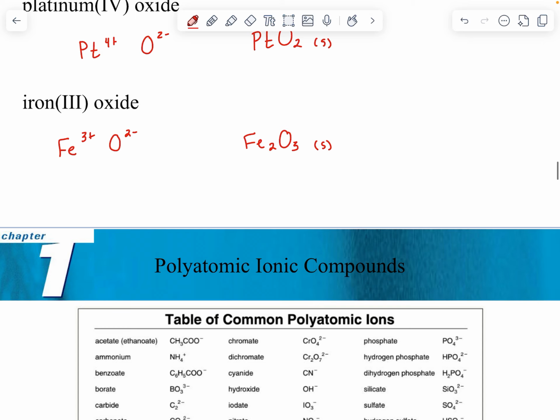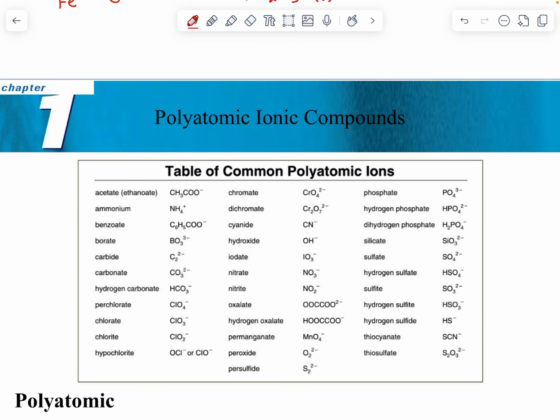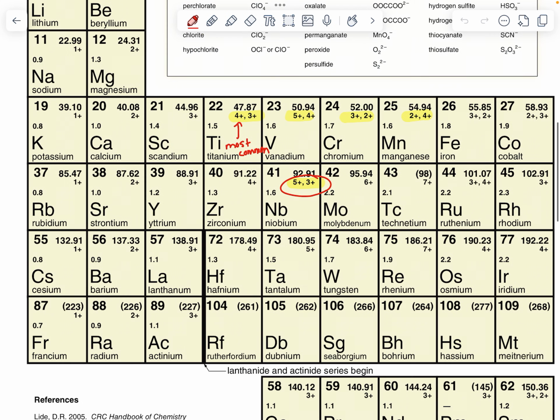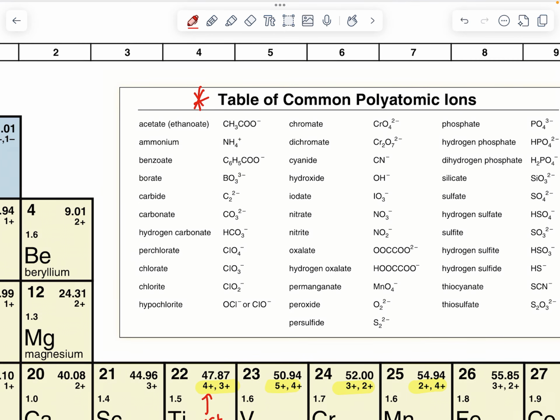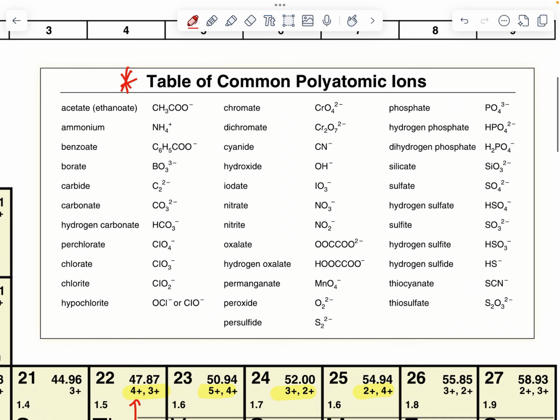Okay, the last type that we can have is an ionic compound with one of the polyatomic ions. And so on your data book, up here is our chart of polyatomic ions. And you'll notice that a lot of these are very similar. So for example, nitrate versus nitrite, or sulfate versus sulfite.